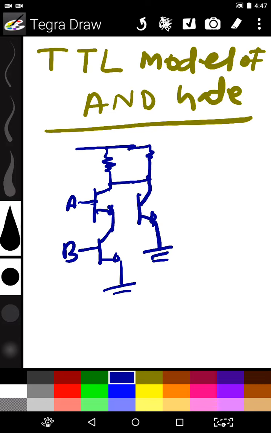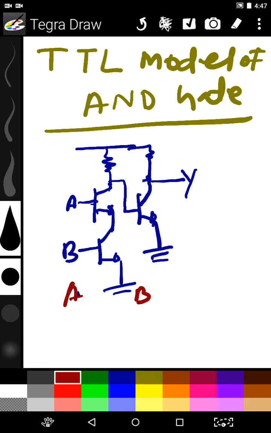The first stage output is given as an input to the second stage, and the output will be taken from here. Now observe, this is A, this is B and Y, with the truth table values 0, 0, 1, 1 and 0, 1, 0, 1.